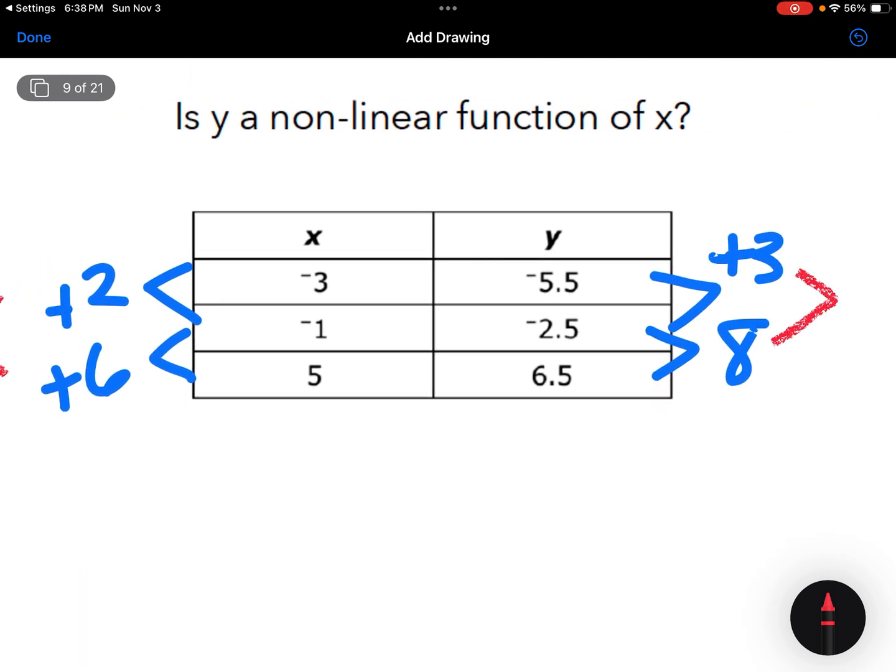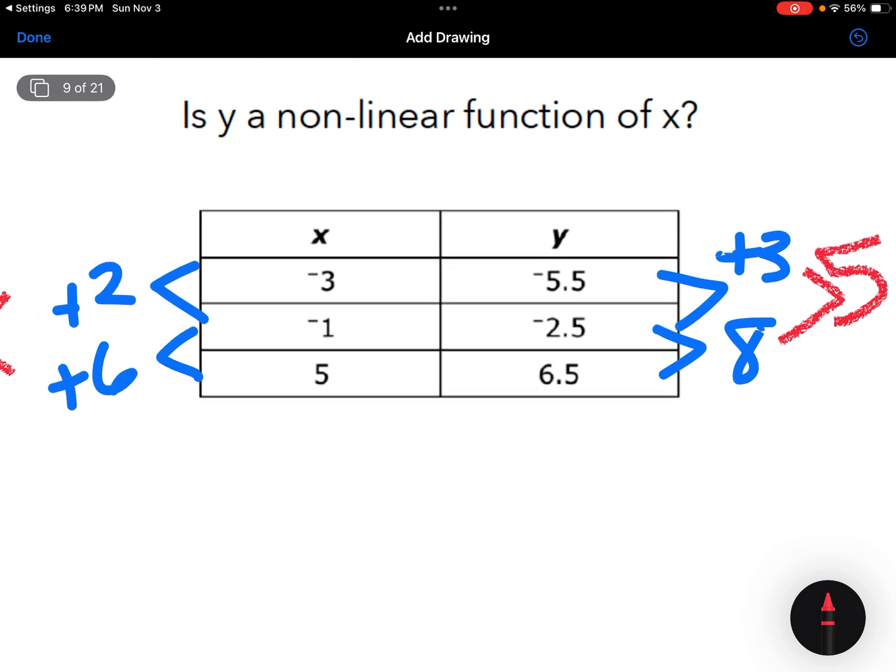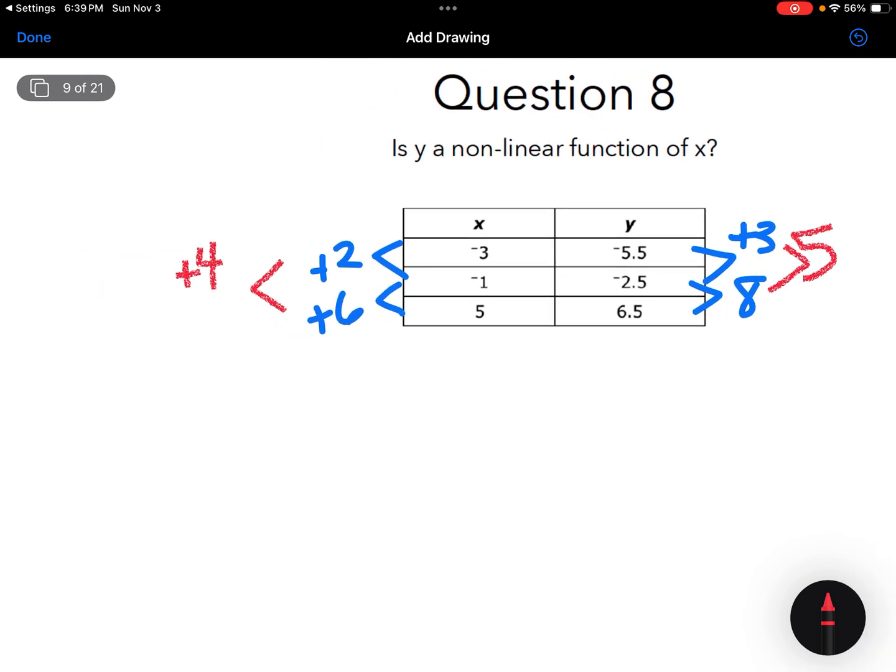If I look here, it's going up by 5, not 6. It should be going up by 6 if I was doubling it over here.